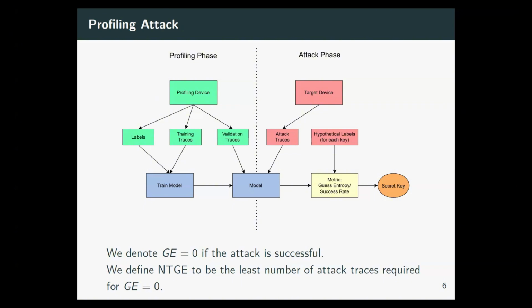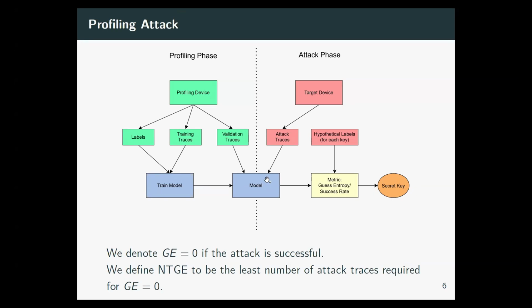So the profiling attack works in 2 phases, the profiling phase and the attack phase. In the profiling phase, the attacker obtains labels and traces from the profiling device to train a model. This model could be a Gaussian template, which gives rise to a type of profiling attack known as the template attack. After training, this model is employed in the attack phase.